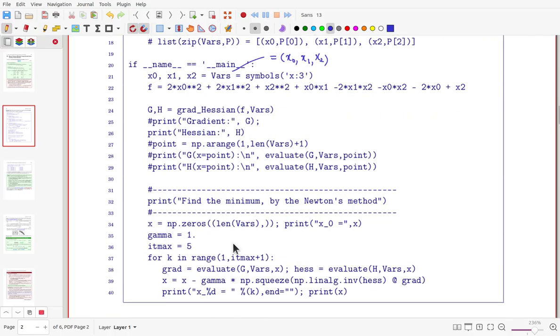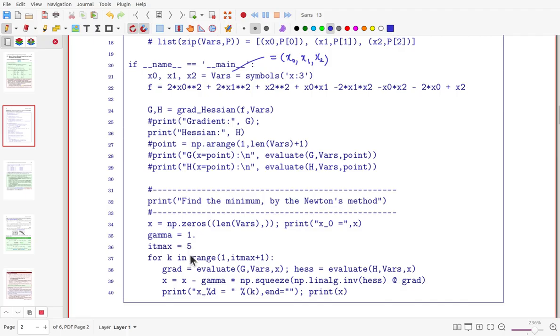And here, now we are using the Newton method to solve the problem. Start with 0, and the length of vars is 3, so it's a three-dimensional vector, and a vector of zeros is made, so x0 will include all zeros. For the Newton method, the parameter gamma can be 1.